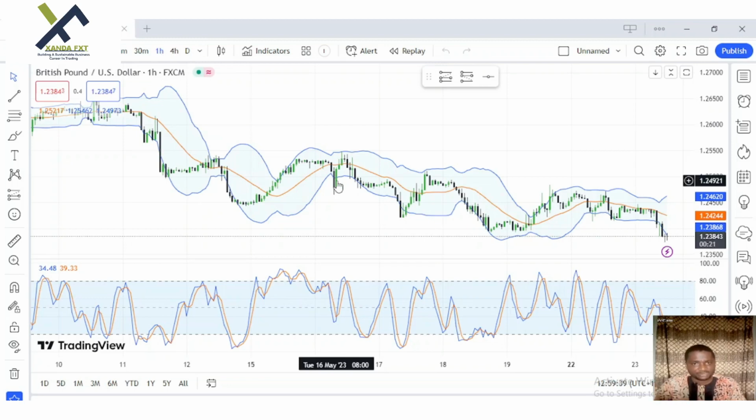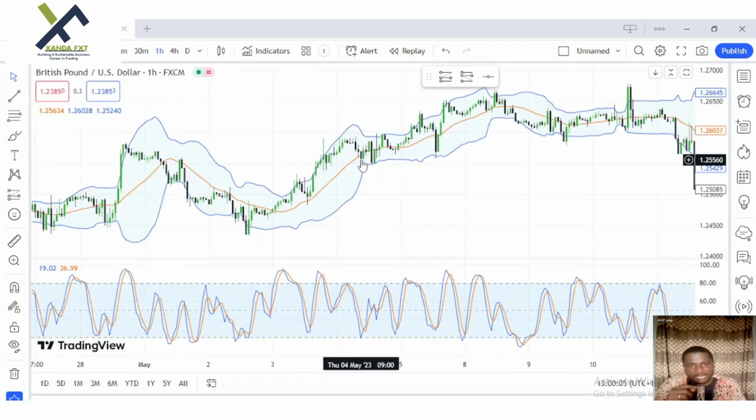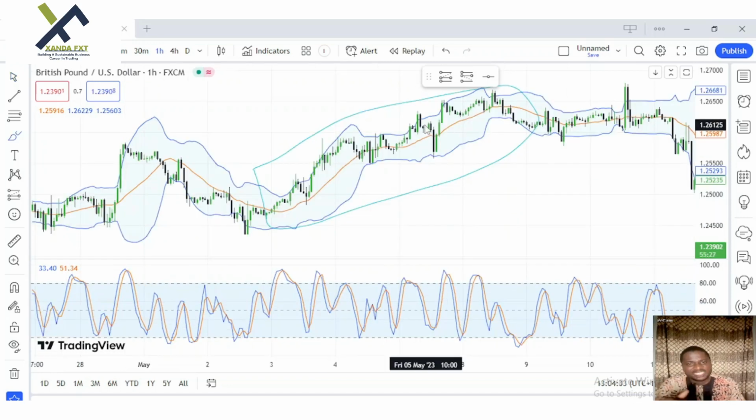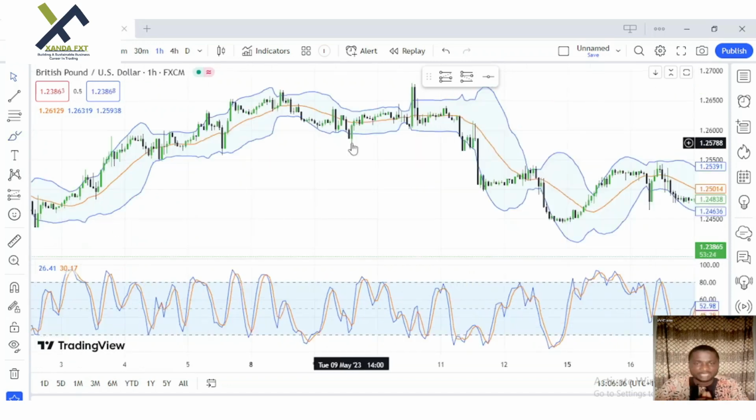Now, number one thing I want you to understand when trading with this Bollinger Band: as long as the candles are still riding above the 20 moving average, using it as a support level, the trend will continue in its present state until there is a candle crossing through the 20 moving average as an indication that there will be a change in price movement.